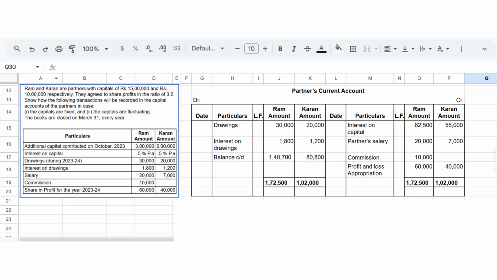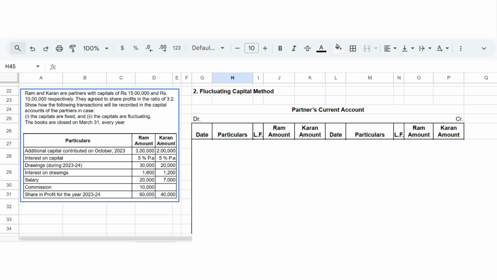Now we have completed fixed capital method. Now let's calculate fluctuating capital method. Partners capital accounts, debit side, credit side, date, particulars, journal folio, Ram, Karan, date, particulars, journal folio, Ram and Karan. Balance brought down, that is capital 15 lakh and 10 lakh rupees.